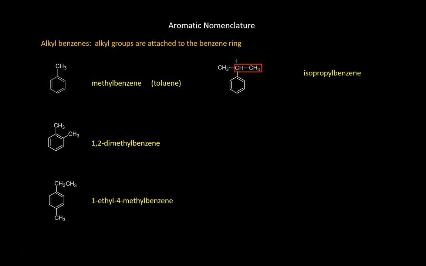Either one will work. Notice that a methyl group is attached to carbon 1 of the ethyl group. So this group is called methylethyl, and that is another name for isopropyl. The name is 1-methylethylbenzene. This 1 refers to carbon 1 of ethyl to which the methyl is attached.